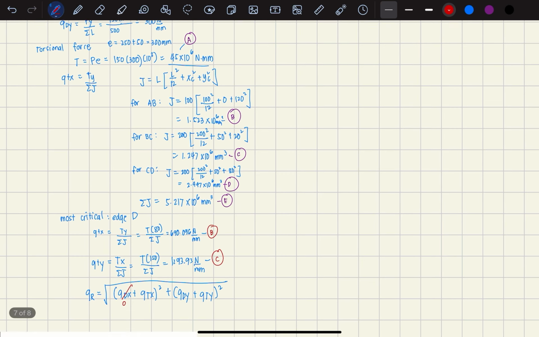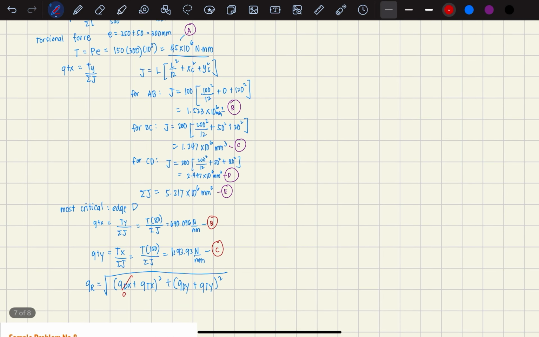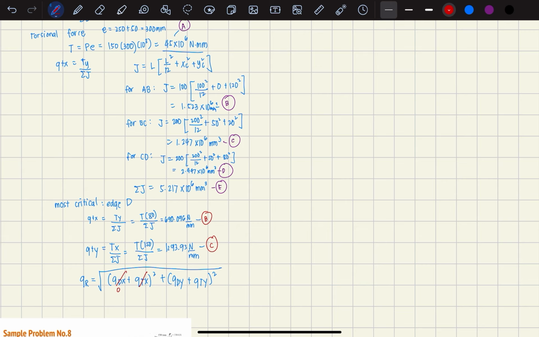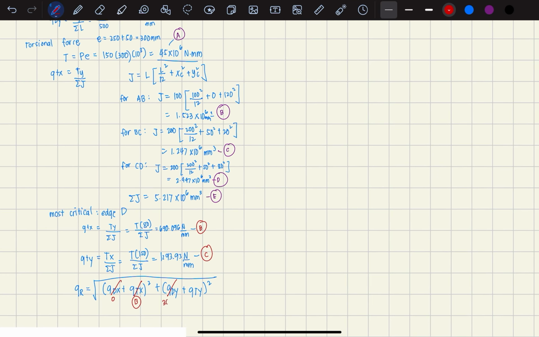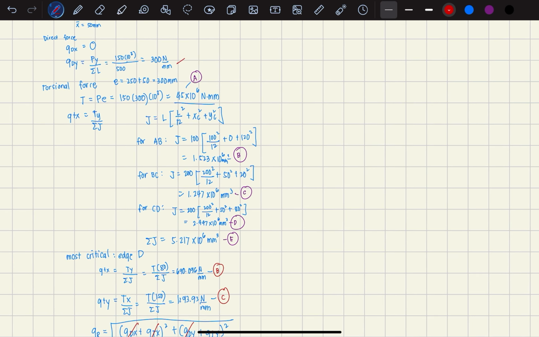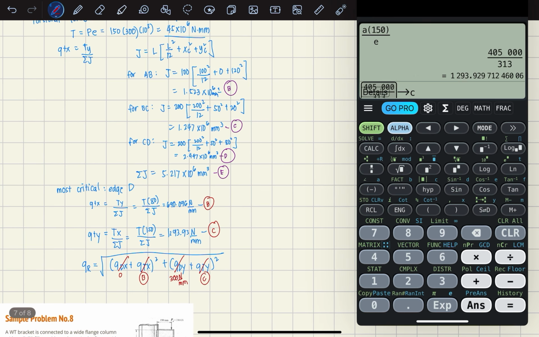Yung QTX natin, na-stored natin siya sa B. Yung QDY natin is 300 Newton per mm. Then, yung QTY natin is stored value siya sa C. Mako-compute na natin yan.